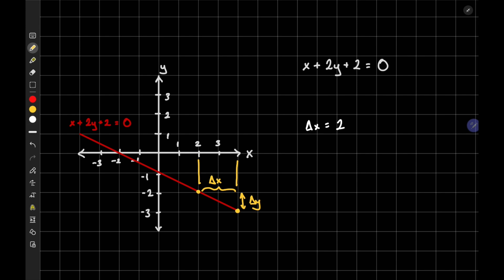And we see that when x increases by 2, y decreases by 1, so delta y will be minus 1. We can write slope equals delta y over delta x, which is minus 1 over 2. So minus 1 over 2 is the slope of this line.